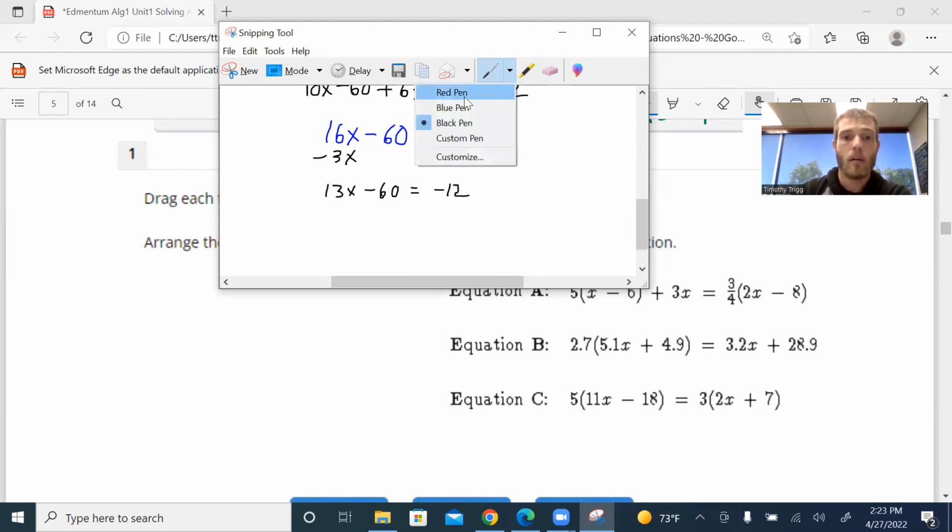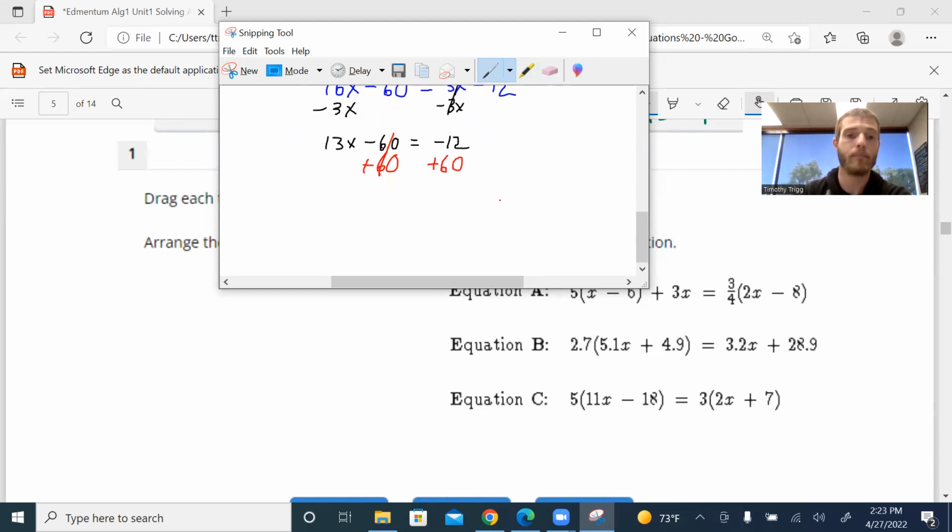After that, I'm going to add 60 to get rid of this, to help me get x by itself, which means I have to add 60 over here as well. That's 48 now over here on the right. 13x.